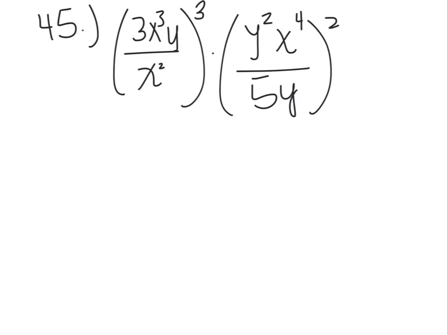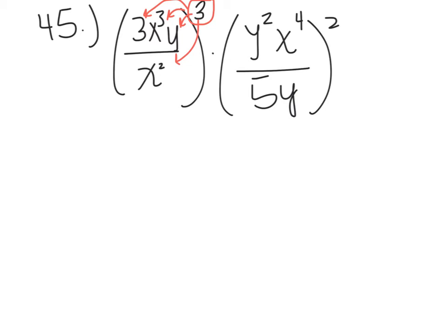All right, here's number 45 from tonight's homework. 45 is without a doubt the most complicated problem you saw tonight, but if you take it step by step, it really isn't too daunting. So I'm going to start the way I did my last problem by giving the power of 3 to everything inside the parentheses.